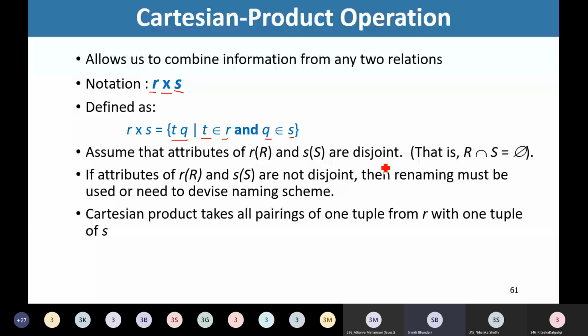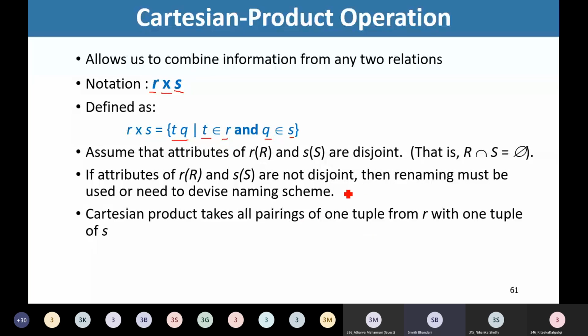So simply by using Cartesian product, we are combining two relations R and S. Every tuple from R gets paired with every tuple from S, and this is how we get a huge relation as the cross product of two relations R and S.